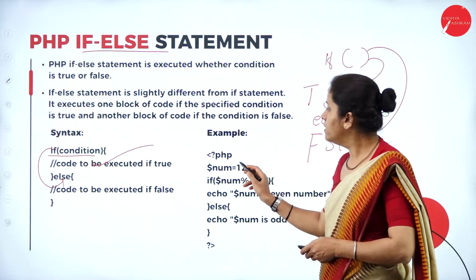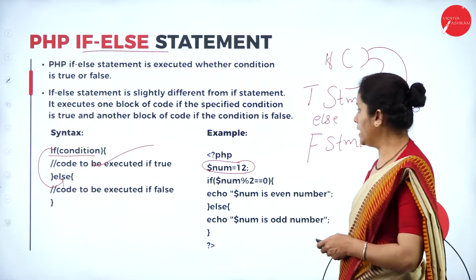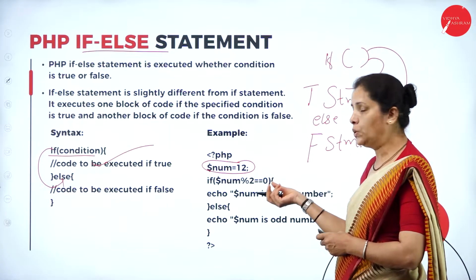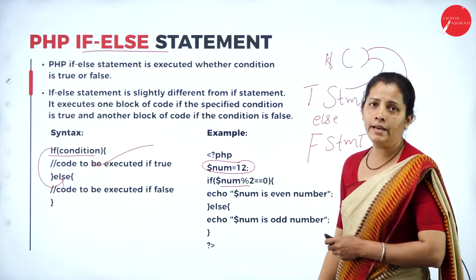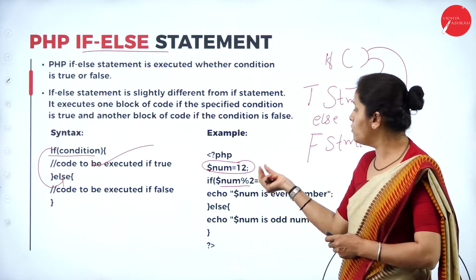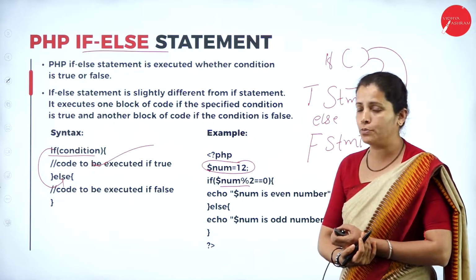See here. Now I'm assigning the value 12. Now what I'm doing is dividing 12 by 2. I'm finding the modulus, using the modulus operator. What's my output? The remainder is my output.